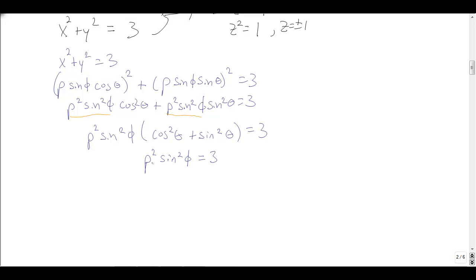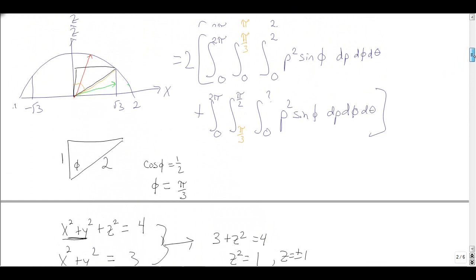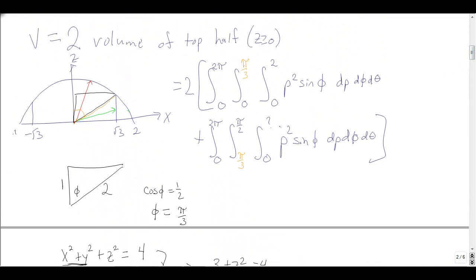We're going to assume rho is positive. Phi goes from 0 to pi over 2, so sine phi is also positive. I don't have to worry about negative values here. When I take a square root of both sides, I get rho sine phi equals square root of 3. And what we're looking for is to solve this for rho or phi. The bounds we have on our equation, this is a rho bound going from 0 out to something, which can be a function of phi.